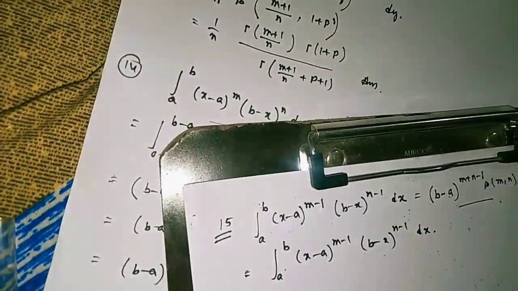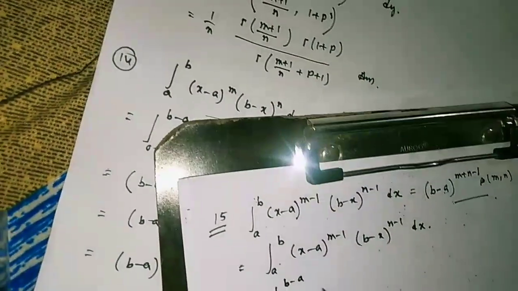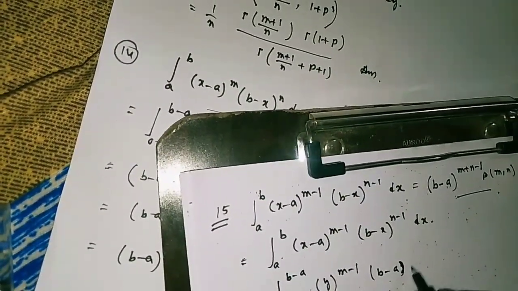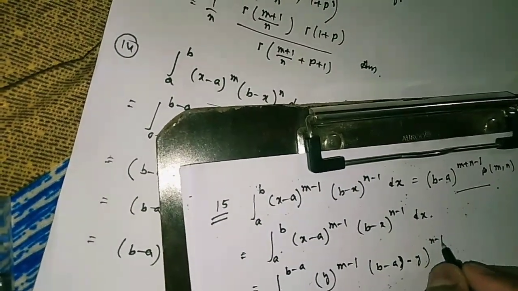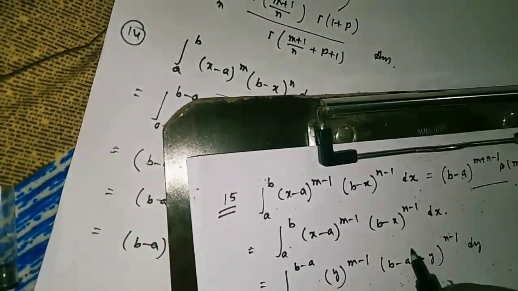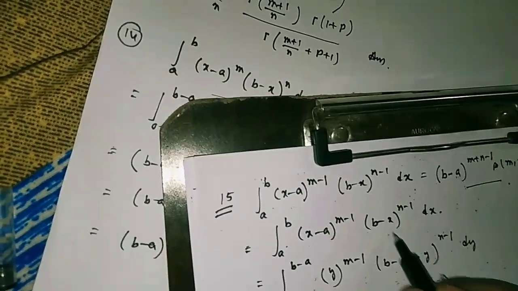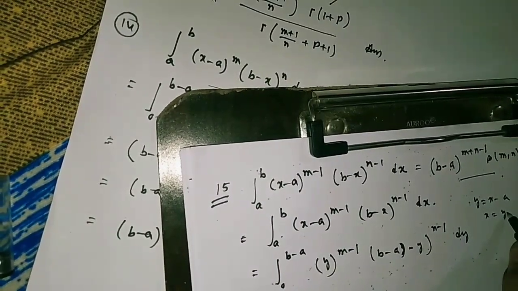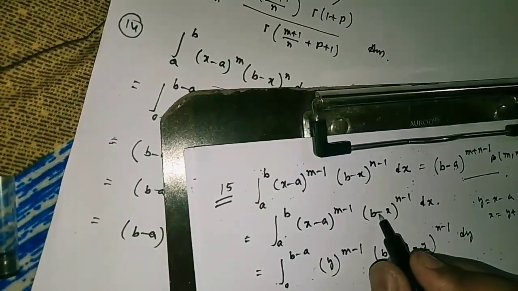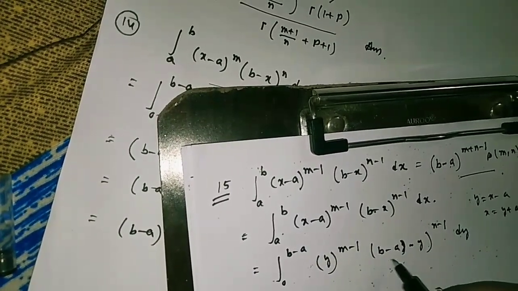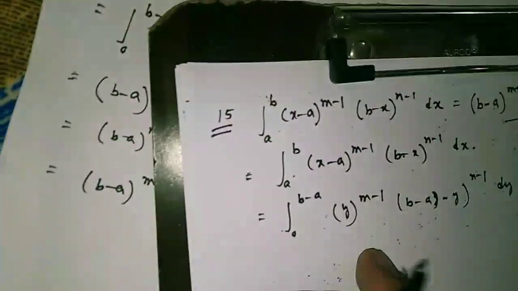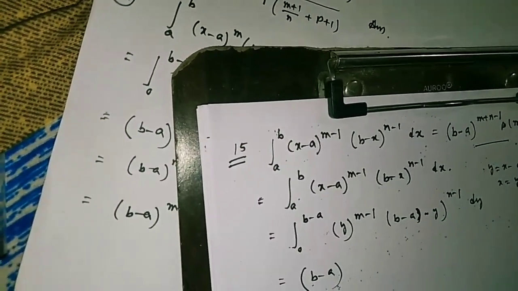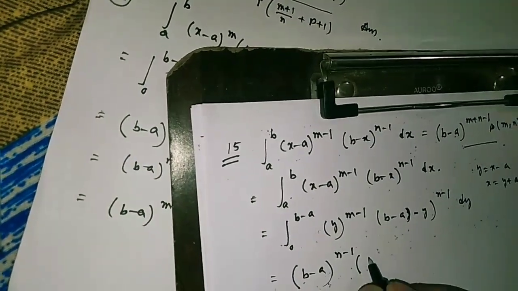You can see here the limit will be 0 to b minus a into y to the power m minus 1 into (b minus a minus y) to the power n minus 1 into dy. Because I am substituting the value of x: y equal to x minus a, so x equal to y plus a, and because of the minus term, here it is b minus a minus y. Okay, now clear?